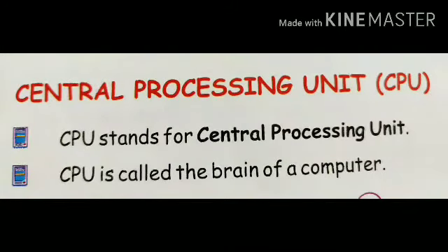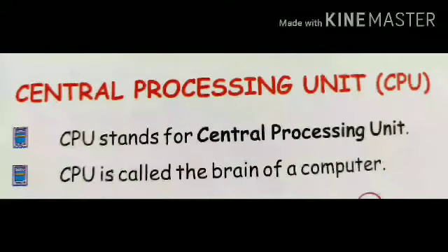And the keyboard and monitor are just the input and output devices. We enter the information through the keyboard and the result is displayed on the monitor. But the most important thing, the working on the data or information that you entered into the computer, is done by the CPU.